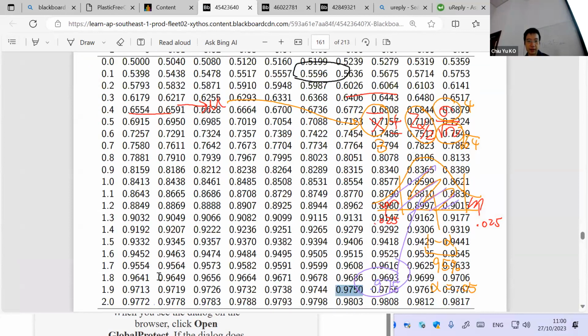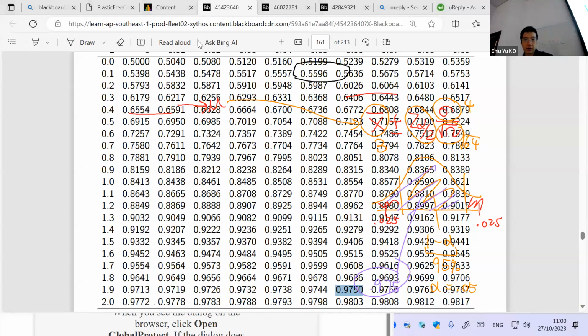It's 1.96. Because we have to read from the area to the number, so we just read the number here. Go back. 1.96.